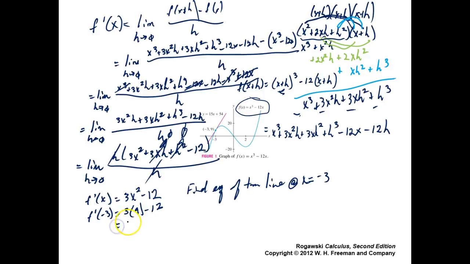What's 3 times 9? 27 minus 12, and that's equal to 15. So there's your f prime of -3. What is that? Your first derivative is your slope of the tangent line, right? Okay. So now we got the slope.